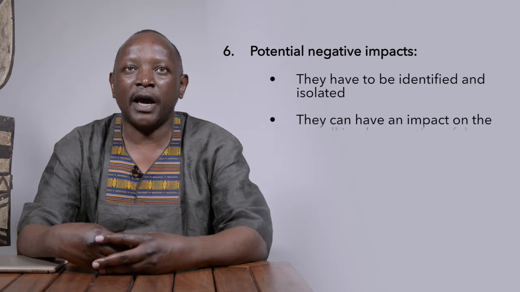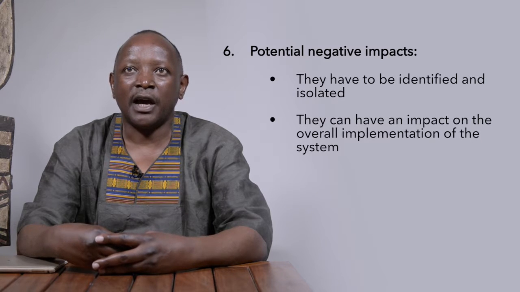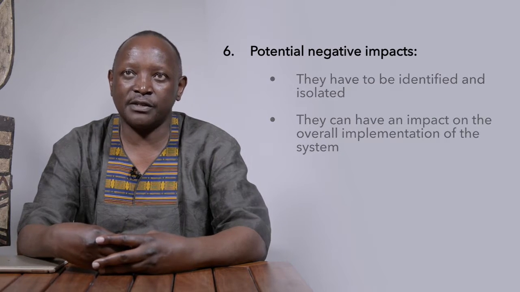These have to be identified and isolated as they can have an impact on the overall implementation of the system. For example, some of the mitigating factors might include privacy and security risks, excessive costs, unsustainability, and the weather, partners, or the political situation in the country.